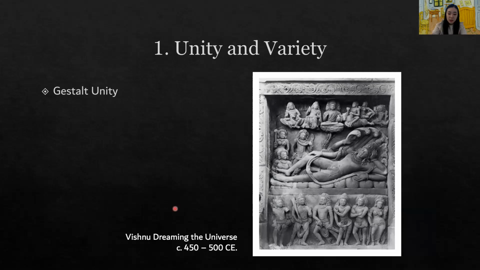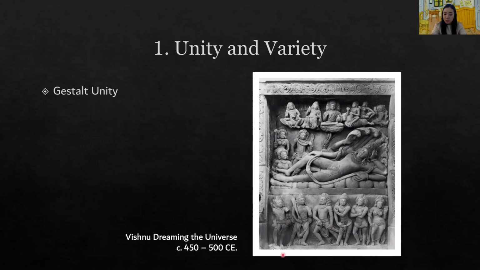So this is Vishnu Dreaming the Universe, which is a relief panel from a Temple of Vishnu in India. We can discover the many faces of Gestalt by examining the ancient Hindu relief Vishnu Dreaming the Universe.